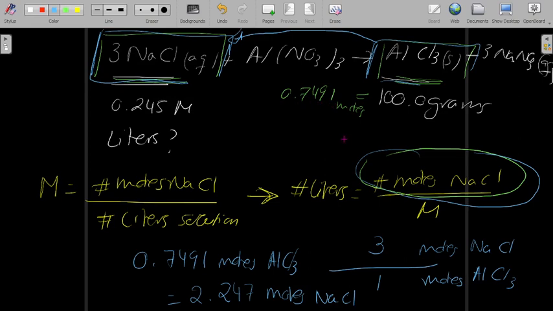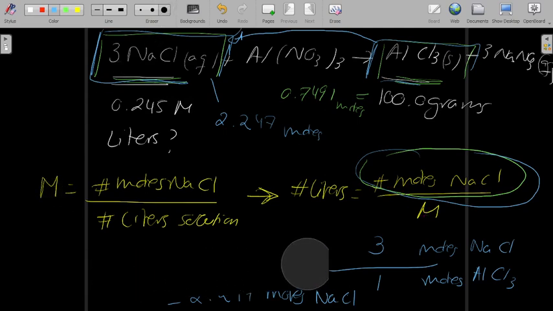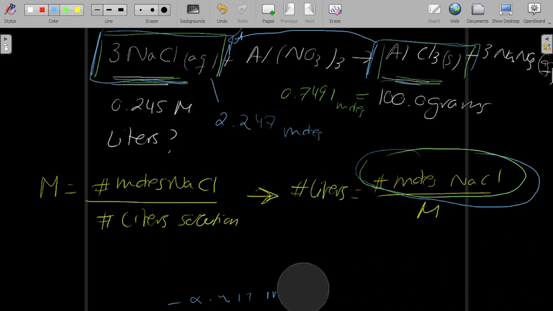Okay? So now I know how many moles. This is 2.247 moles. And I have this amount. I have the number of moles of sodium chloride. The molarity was given to me. So the only thing left for me to do is plug everything in the equation.